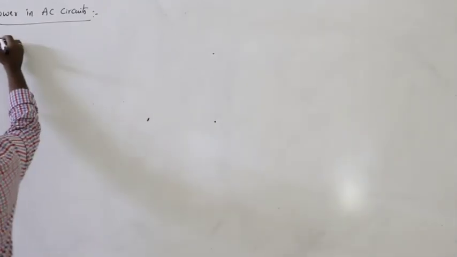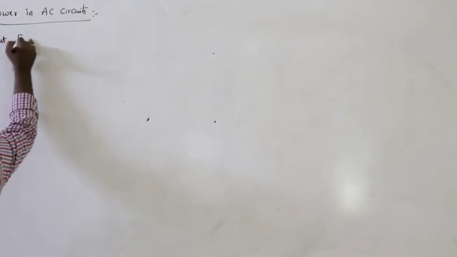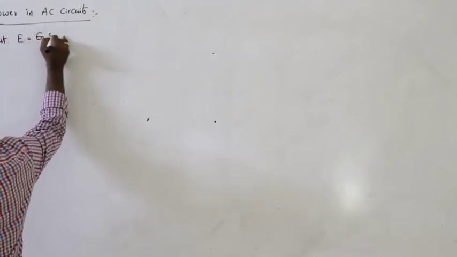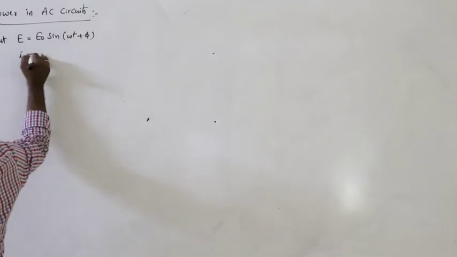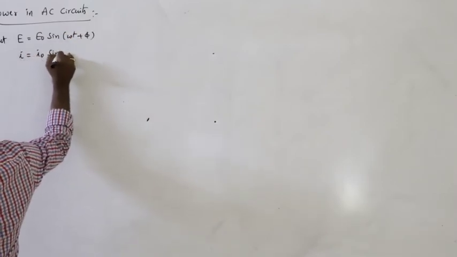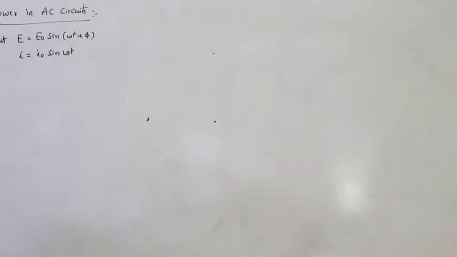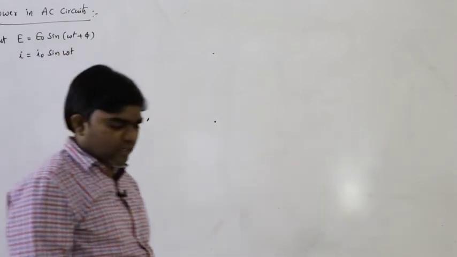So let us say E is equal to E naught sine of omega t plus phi, and I is equal to I naught sine omega t. Let us say phi is the phase difference between the EMF and current.